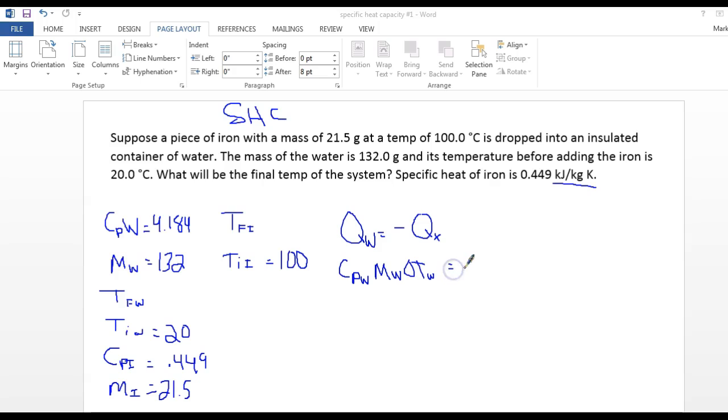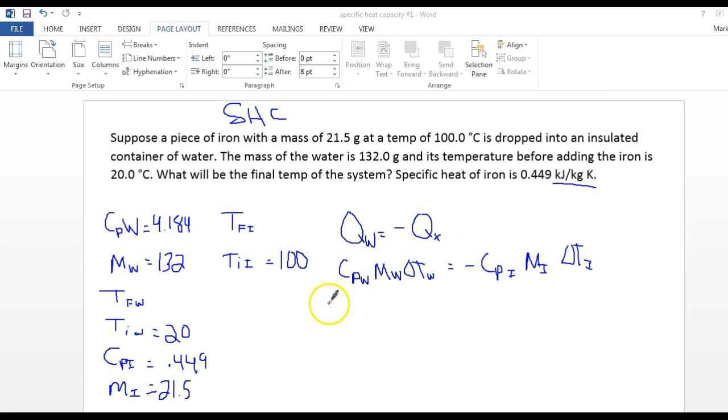And that's going to equal, I'm going to get this negative out here, the specific heat capacity of iron times the mass of the iron and the change in temperature of iron. I got a little bit too ahead of myself. Okay, and then we plug our numbers in.